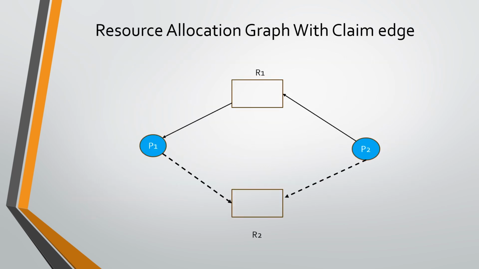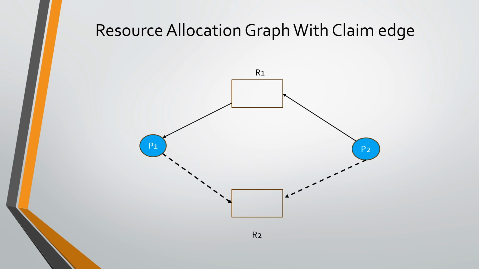Example for the resource allocation graph with deadlock. In this example, P2 is requesting R1, but R1 is held by P1.